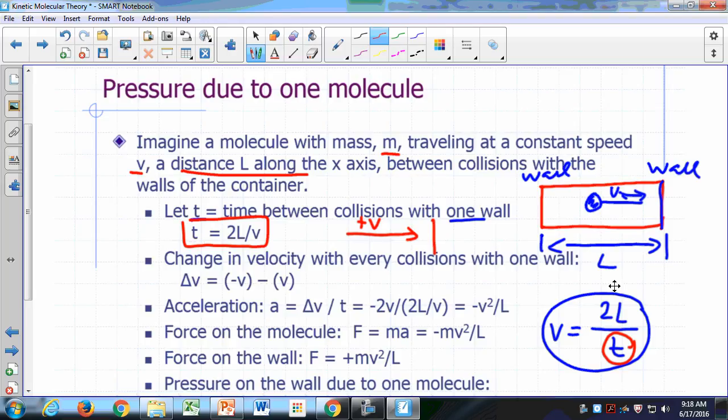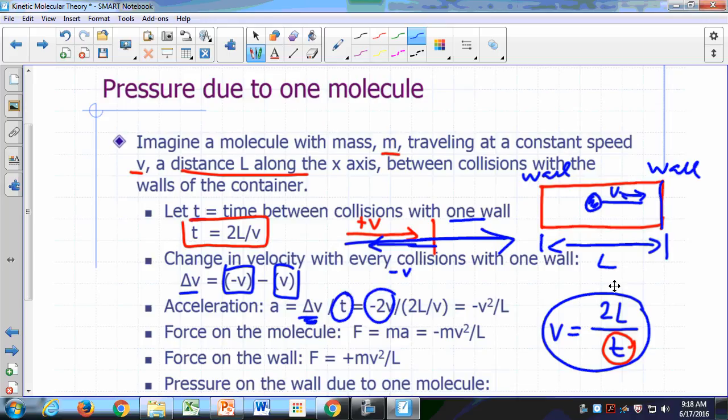Then when it's moving back at the same speed, but in the opposite direction, the velocity will now be negative v, since we're taking the direction to the right as the positive direction. So the final velocity is negative v minus the initial velocity, which is v. So the change in velocity, delta v, is equal to negative 2v.